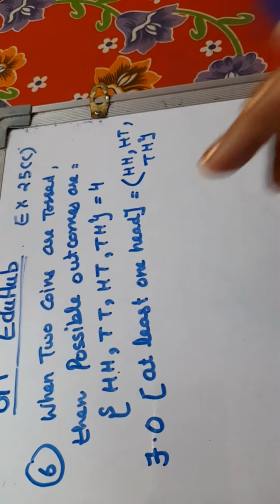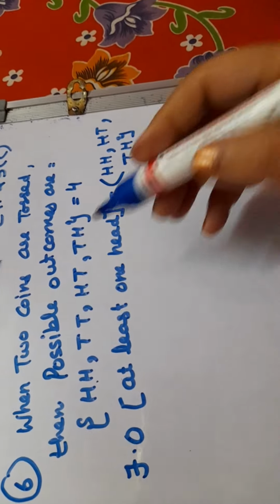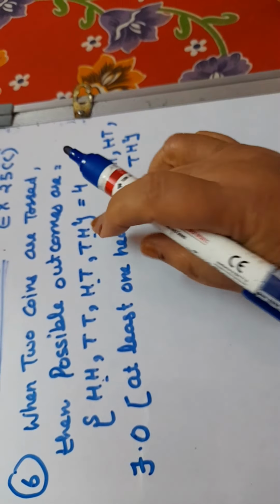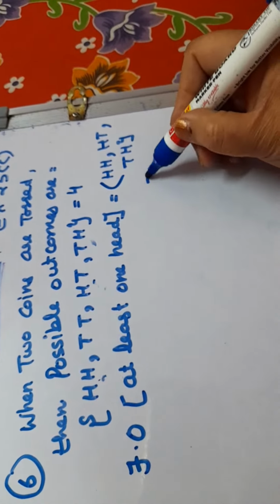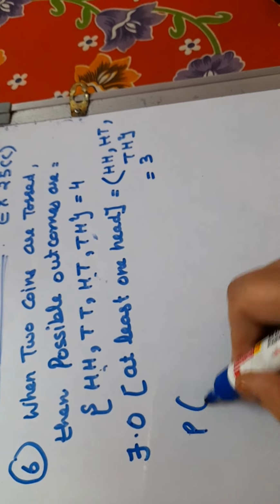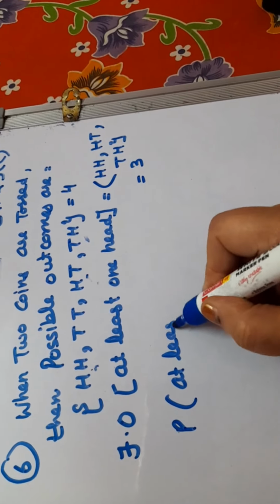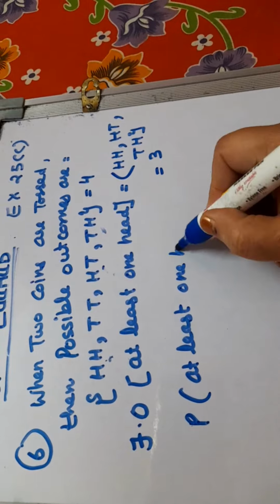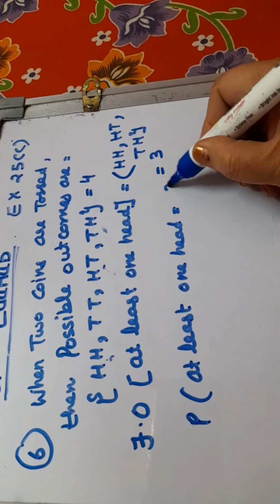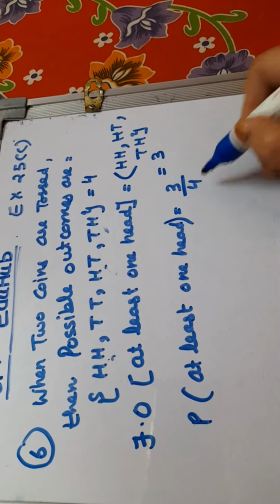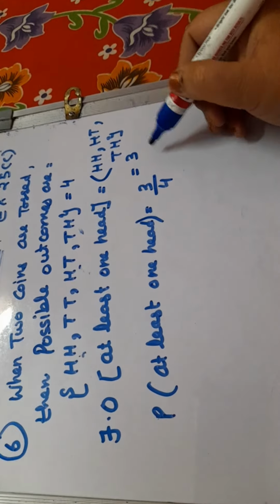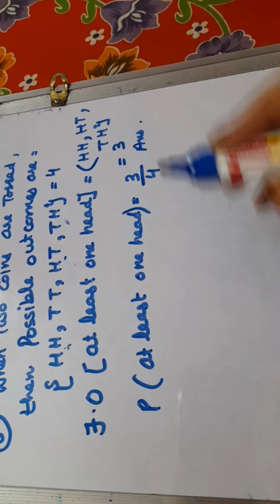So at least one head means एक या एक से ज़्यादा head. So ये हमारे favorable outcomes हो गए, 3. So probability of at least one head will be favorable outcomes upon total outcomes, that is 3/4. This is our answer for the first part.